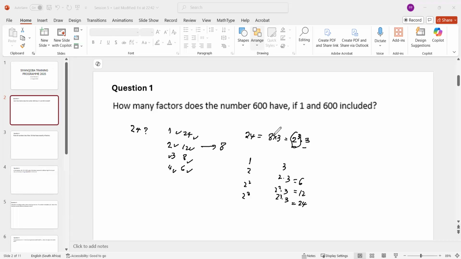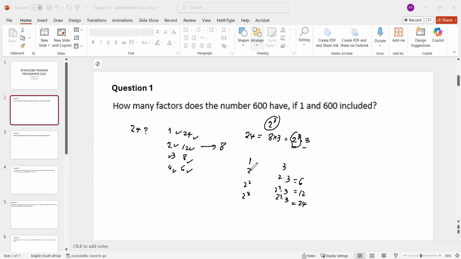You look at all the factors of 8, and there are 4 factors. The reason why there are 4 factors is 8 is 2 cubed, right? And the factors are not 3 factors. 2, 2 squared, 2 cubed are not the only factors, but 1 is also a factor. So it's got 3 plus 1 factors.